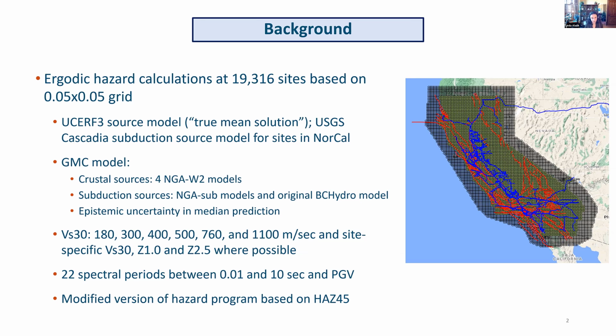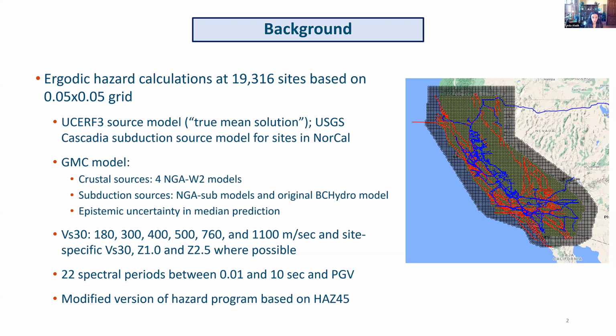In terms of ground motion characterization, we're using the four NGA-West2 models for crustal sources: Abrahamson et al. 2014, Campbell-Bozorgnia, Boore et al., as well as Chiou and Youngs. For subduction sources, we're using the newly developed NGA-Subduction models for the Cascadia-specific region, as well as the original BC Hydro model. And for both crustal and subduction GMPEs, we included the epistemic uncertainty in the median prediction.